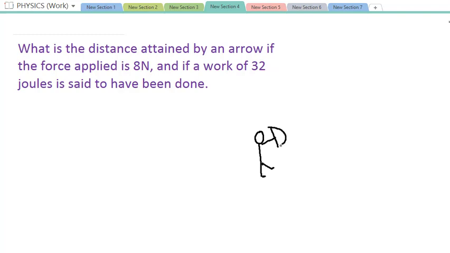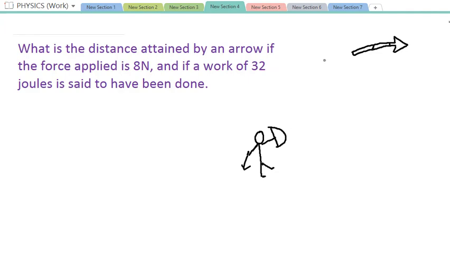He shot an arrow, or he's shooting arrows. So let's say one of the arrows he shot has attained a particular distance. So let's say this is the arrow he shot.